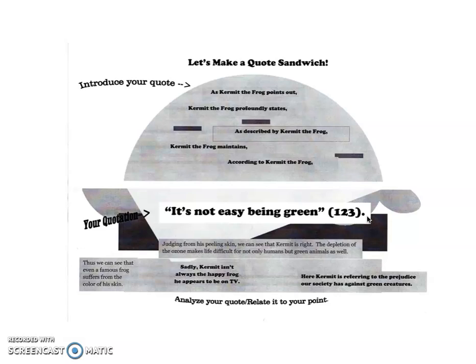Now this is, remember, I told you when we were going over the argumentative format for your paper, that this was the most important step. And I think this handout can really show you why that is. So what if we said, as Kermit the Frog points out, it's not easy being green. Sadly, Kermit isn't always the happy frog he appears to be on TV.